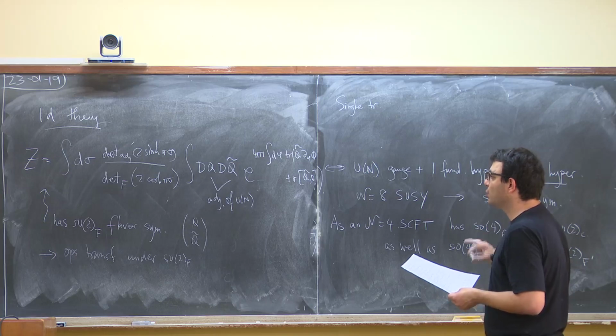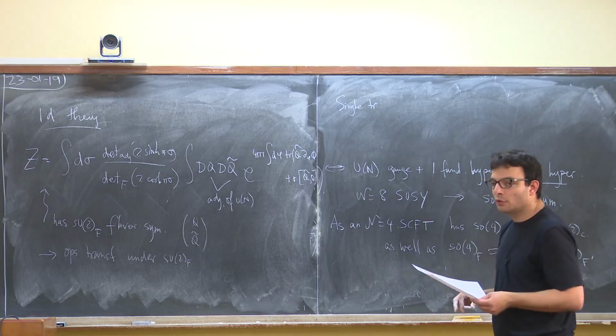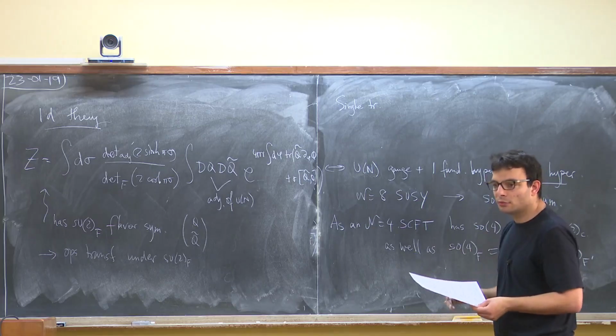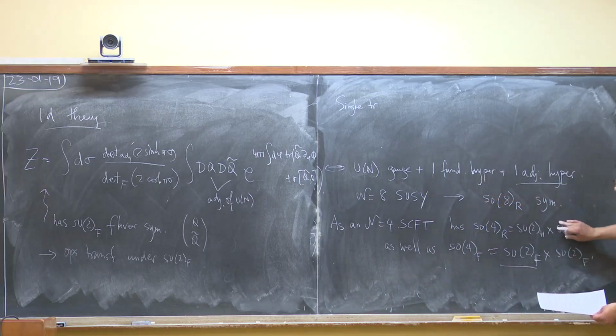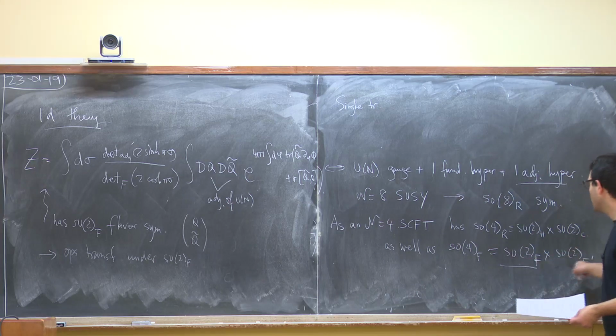Q and Q tilde are these twisted fields. So the R symmetry is gone. One of the SU(2)s is gone, both SU(2)_H and SU(2)_C. SU(2)_C they were invariant under it, and SU(2)_H was used for twisting. So SU(2)_F and SU(2)_F prime are the only ones that could have been left over, but I'm claiming that SU(2)_F prime isn't.